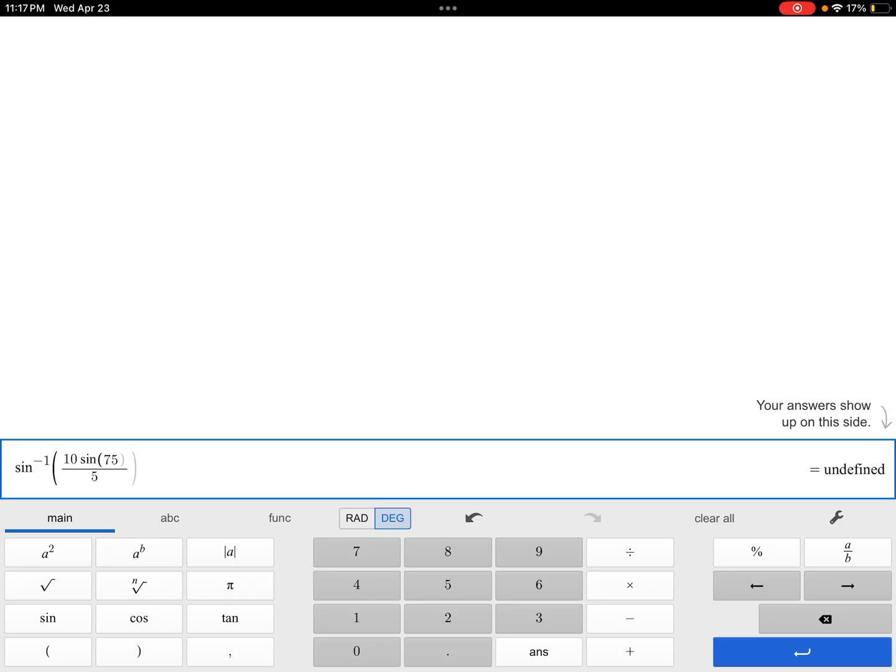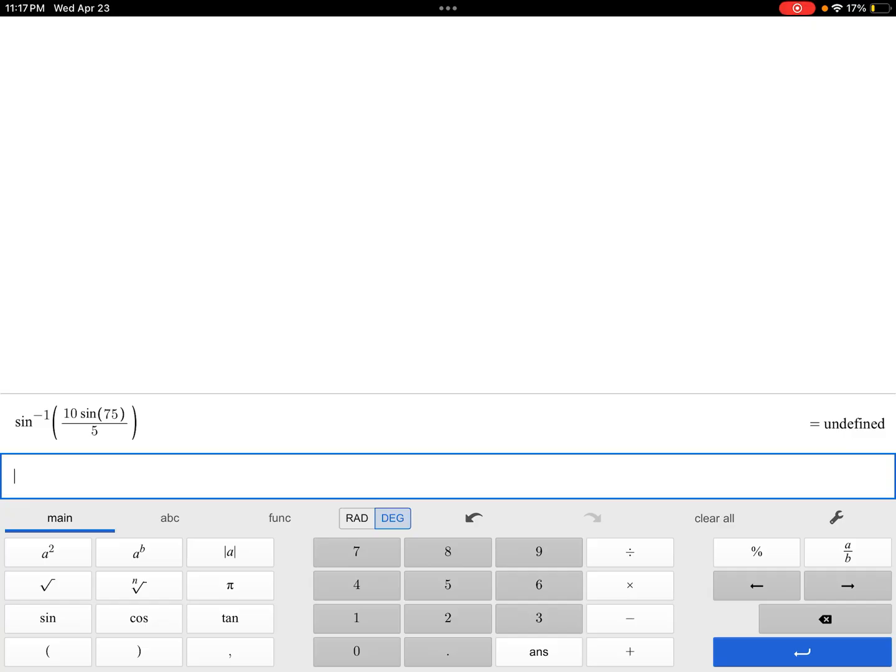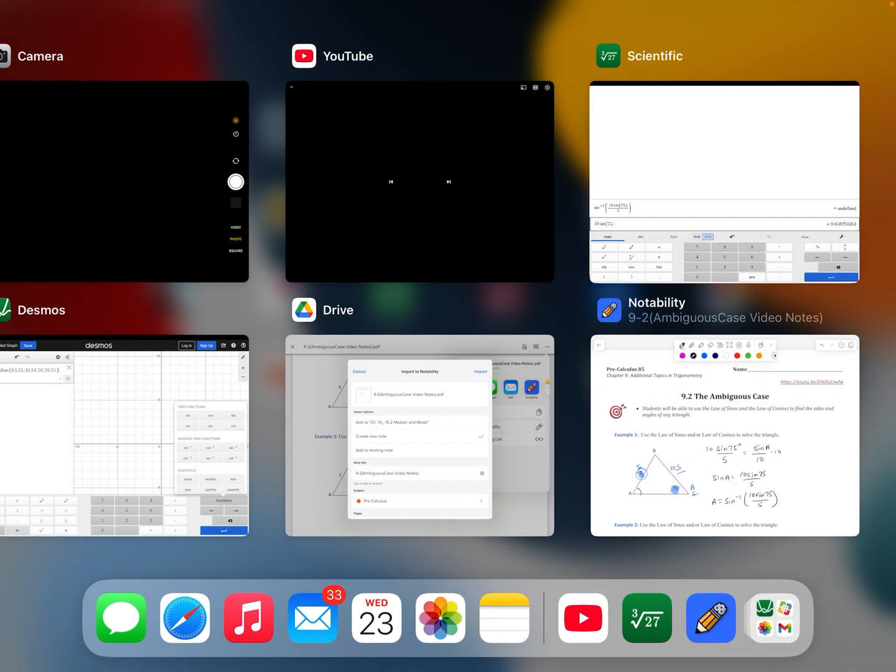Notice that it says undefined, and there's a reason for that. Since we're on our calculator, I'll do it separately. I'm going to do the top part of the fraction, 10 sine 75. Notice that that's 9.659. I'm going to go back to my paper here.